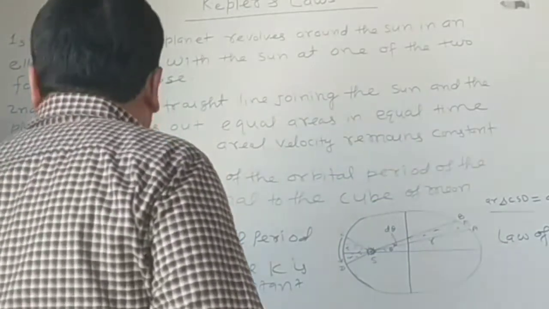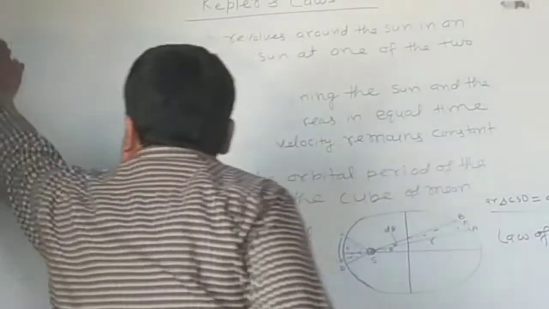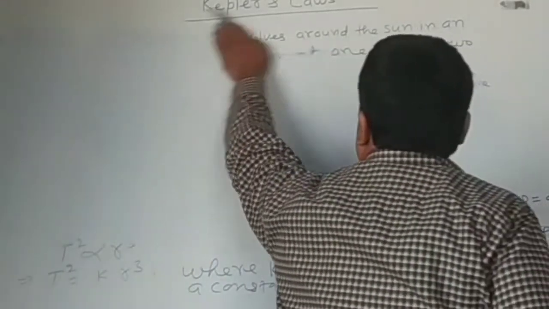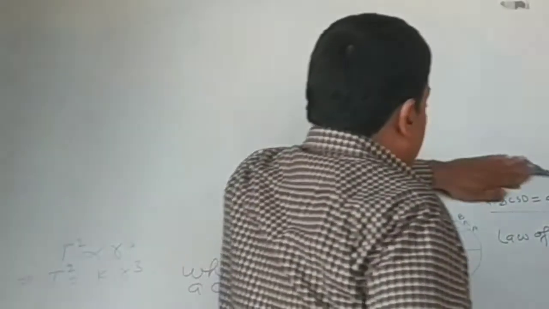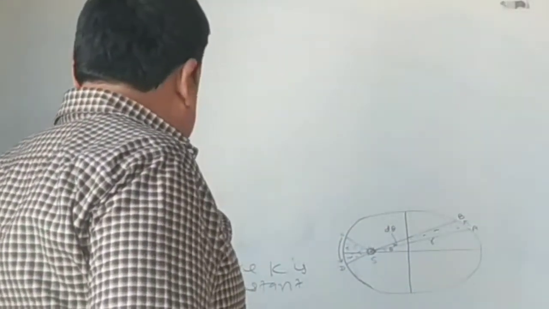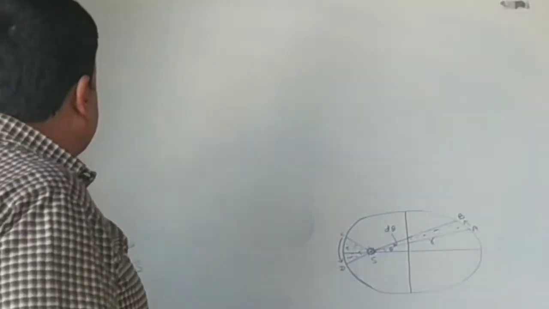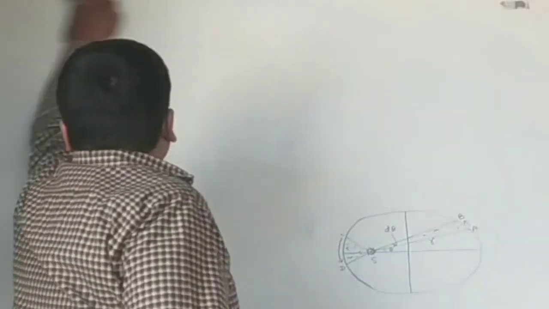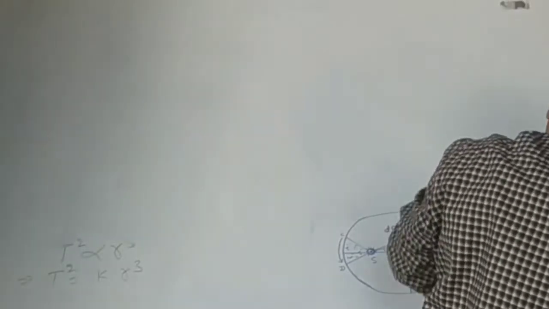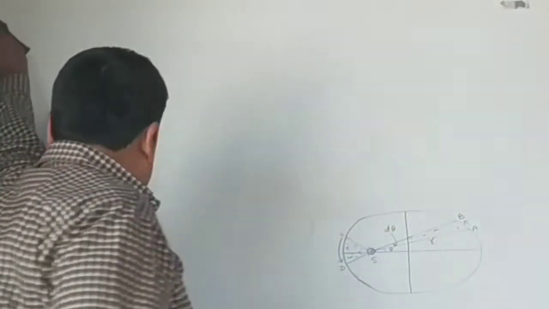It can also be written as, do you know what is the time period? The time taken by the moving body to complete one rotation is called its time period. Okay, the time taken by the moving body to complete one rotation or oscillation is known as its time period.